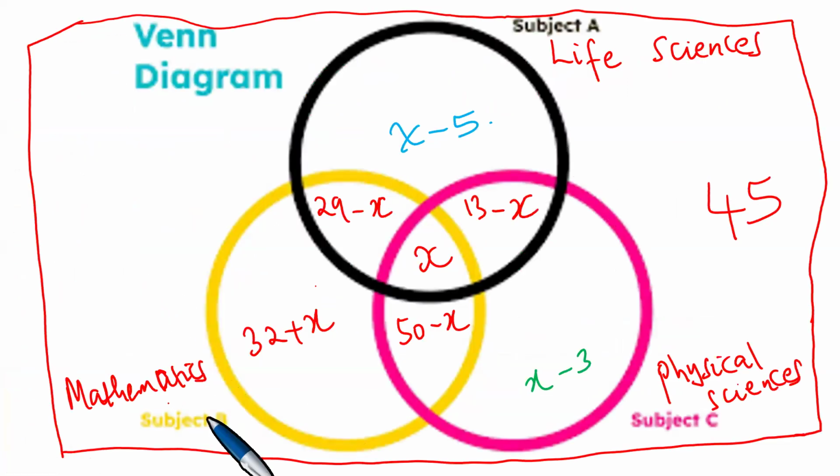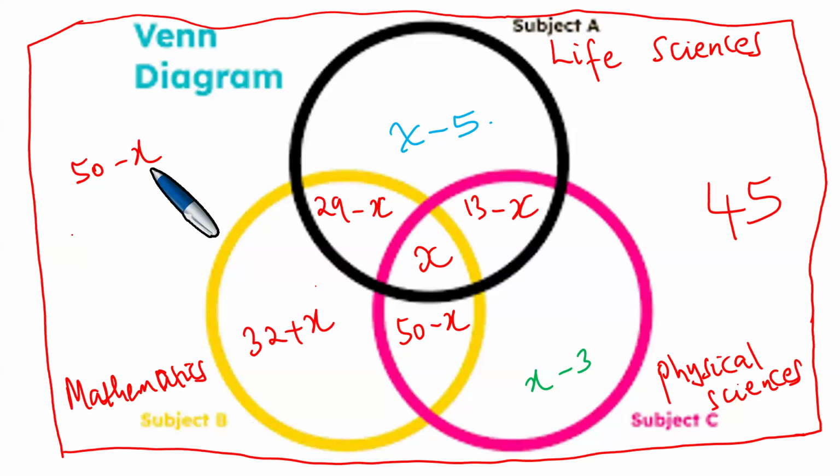If you are to do mathematics and physical sciences, and we are saying, hang on, take out the life sciences, what would that be precisely over here? Right, so mathematics, physical sciences. So what is X here as a consequence? We know that X is 13, so you have 50 minus X.